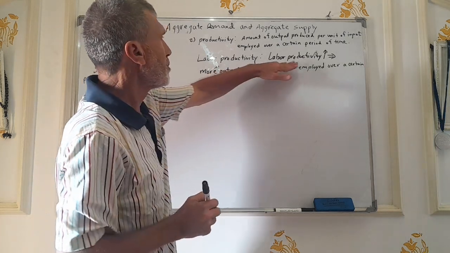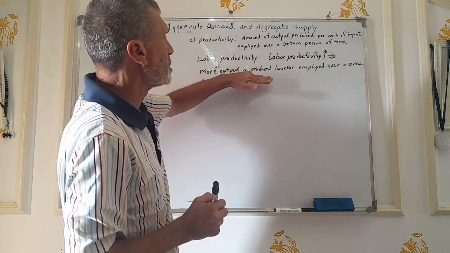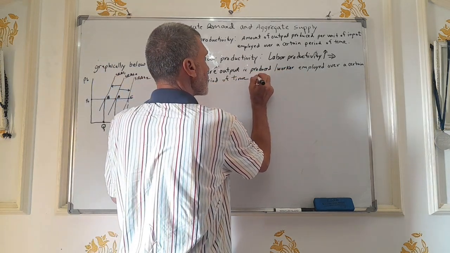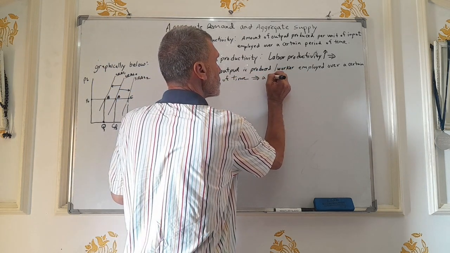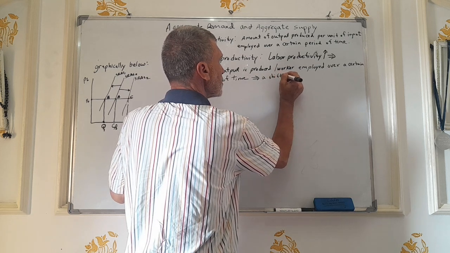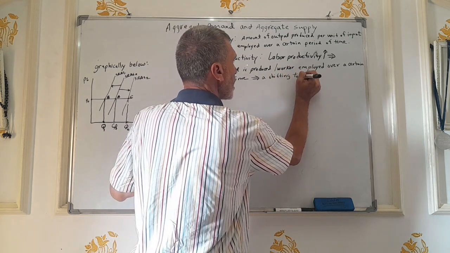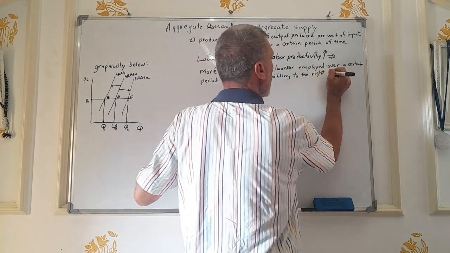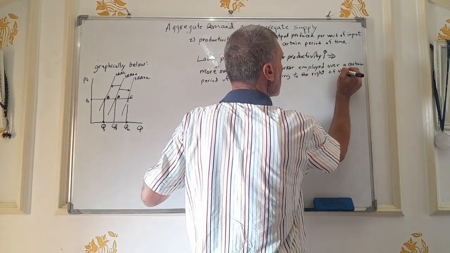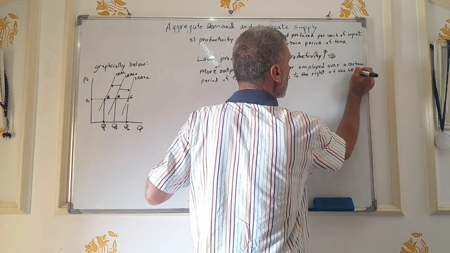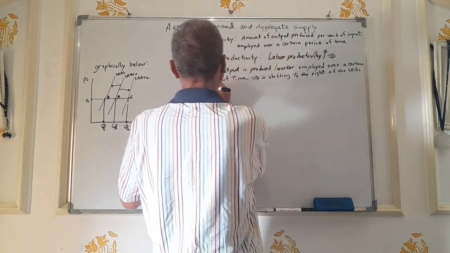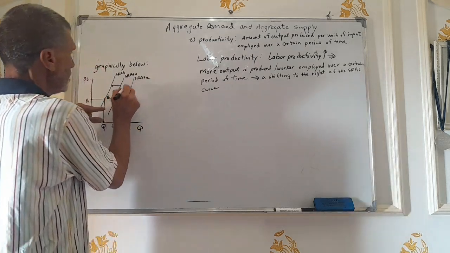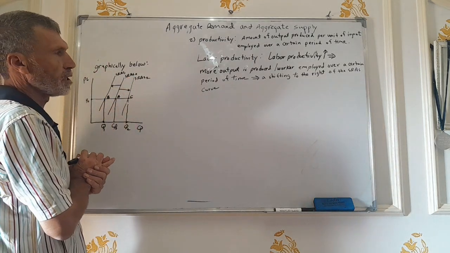So when labor productivity increases, more output is produced per worker employed over a certain time, which implies a shifting to the right of the short-run aggregate supply curve. As you can see over here, shifting to the right.